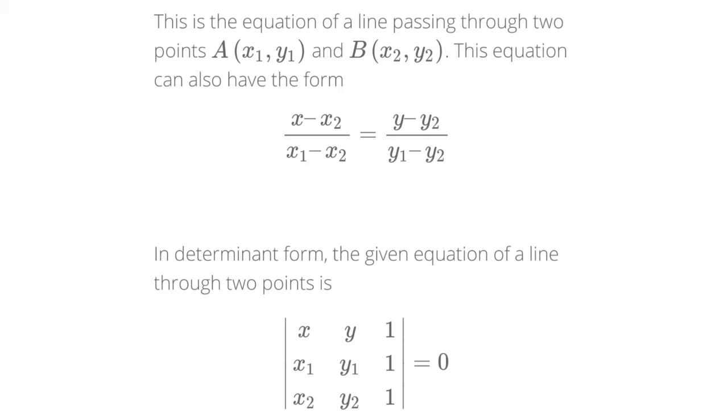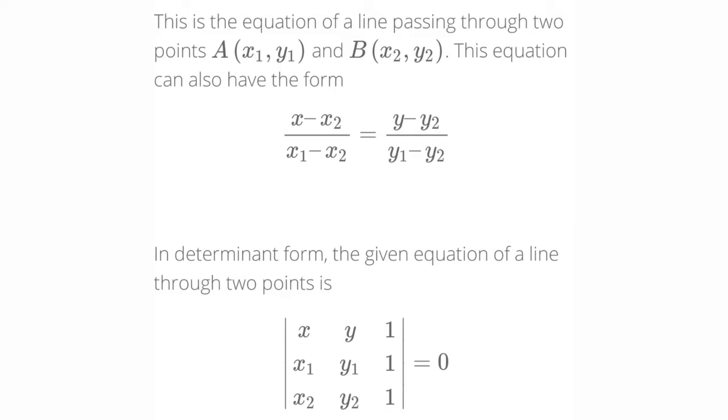The standard format of the determinant will be in the form of x, y, 1, where (x, y) is the coordinate of a point on the line through (x1, y1) and (x2, y2). In the simple way, students, write x, y and 1 in the first row, x1, y1 and 1 in the second row, and x2, y2, 1 in the third row.